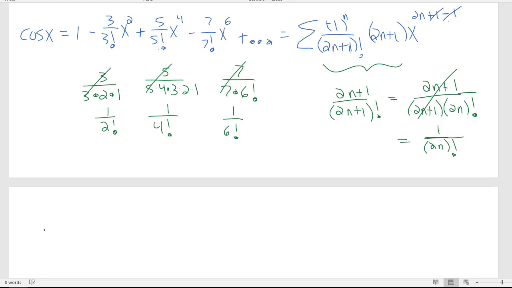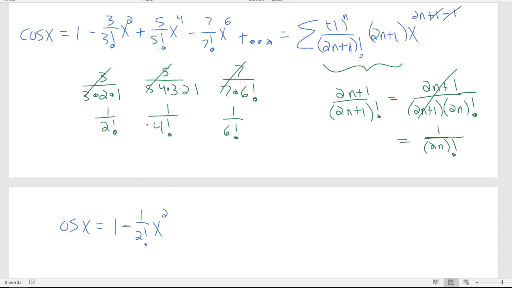So here's what we have. We have cosine of x being 1 minus 1 over 2 factorial x squared. So again, up here, top of my screen, I have 1 minus this coefficient of 3 over 3 factorial, we simplified to 1 over 2 factorial times x squared.